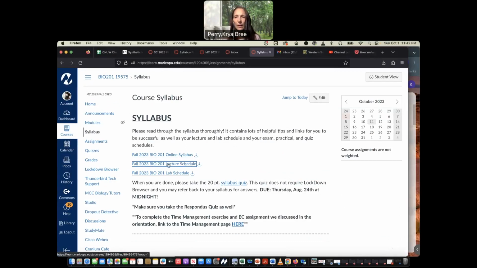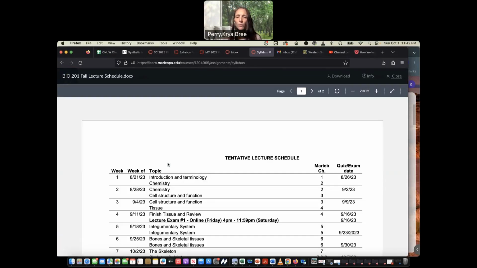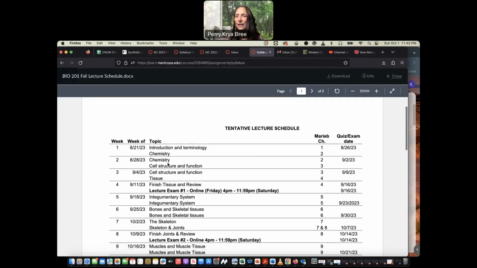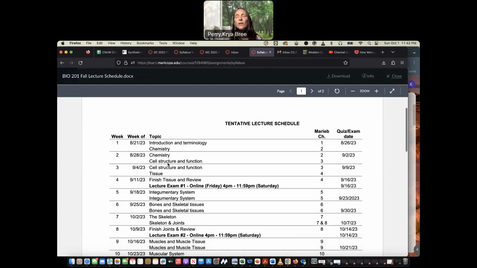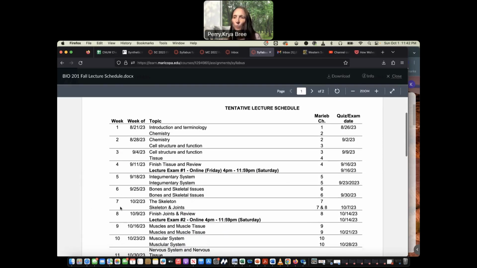This week we're going to continue on with the skeletal system and go along with lab, with a lecture on the axial skeleton and then the appendicular skeleton. We're in week 7, finishing off the axial as well as the appendicular skeleton.